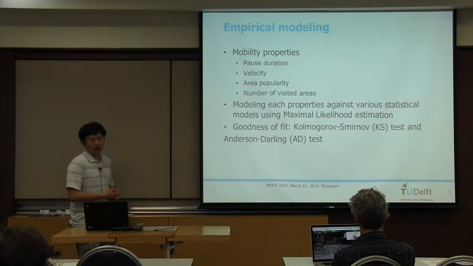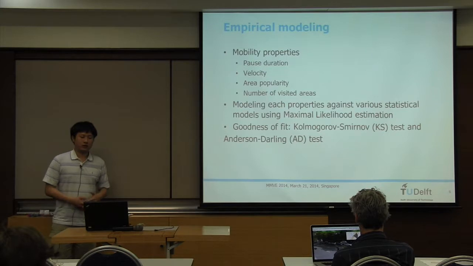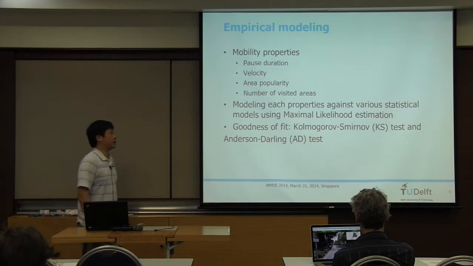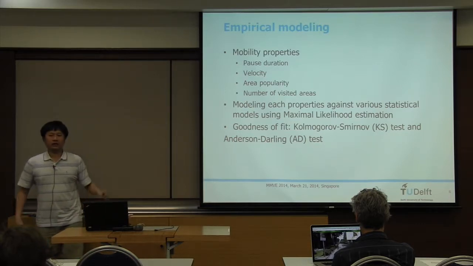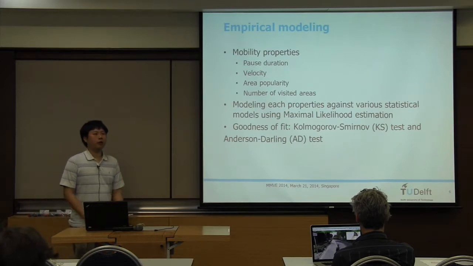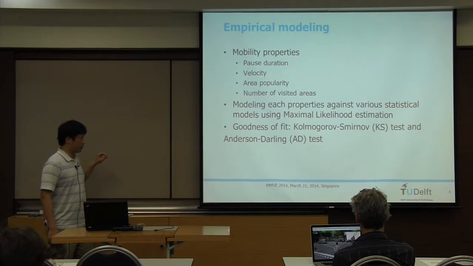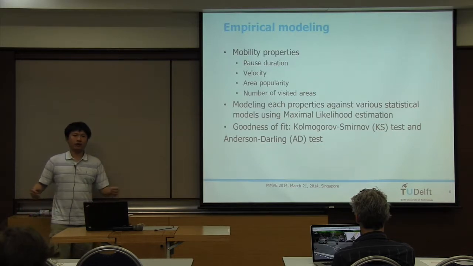Empirical model. In this work, we focus on four mobility characteristics. The first one is pause duration, how long an avatar pauses at a waypoint. The second property we look at is velocity, how fast an avatar moves. The third one is area popularity, how popular an area is. And the final one is the number of reached areas for the simulated duration.